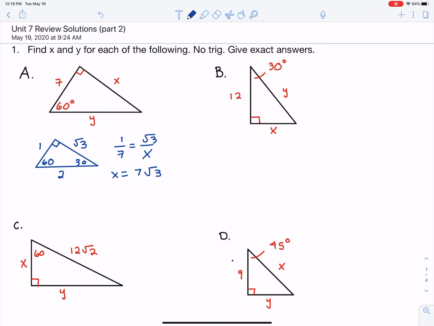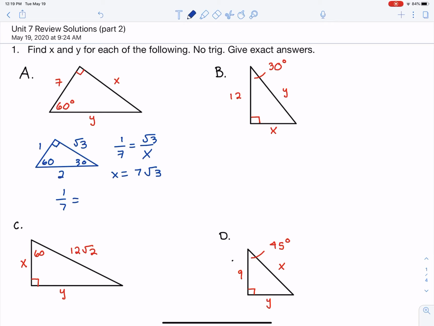And then if I want to solve for y, I can do the same thing. So I'm going to say 1 is to 7. Actually, let's do this below. So 1 is to 7.